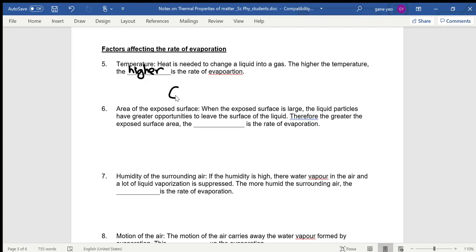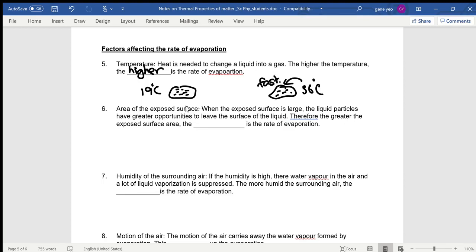So if I have a body of liquid here and the temperature is, let's say, 19 degrees Celsius, compared to another body of liquid where the surrounding temperature is 36 degrees Celsius, all of you know that the rate of flow of energy from the 36 degrees is going to be higher. So therefore, this one will evaporate faster. Okay? So that's temperature, a bit of common sense there.